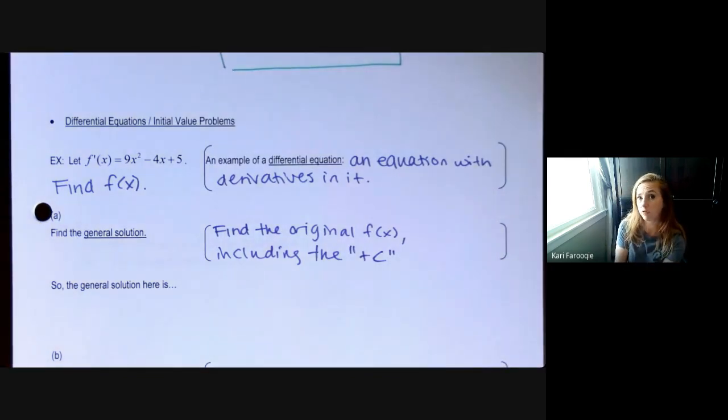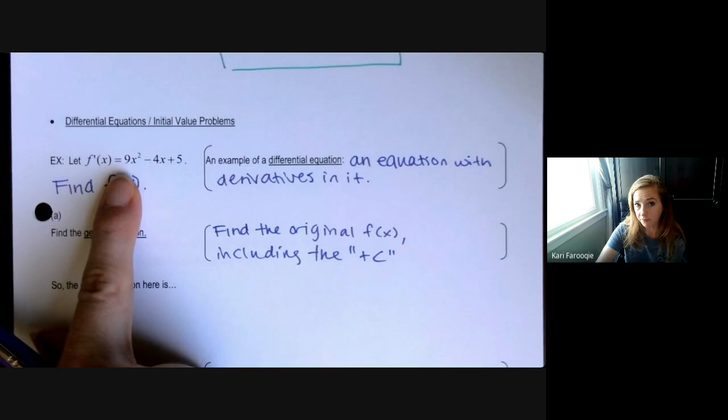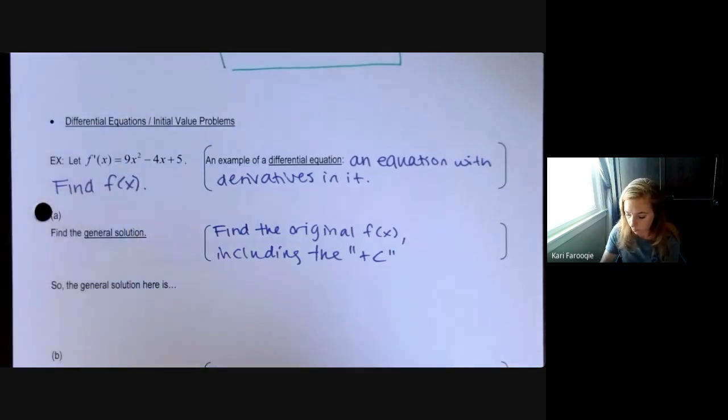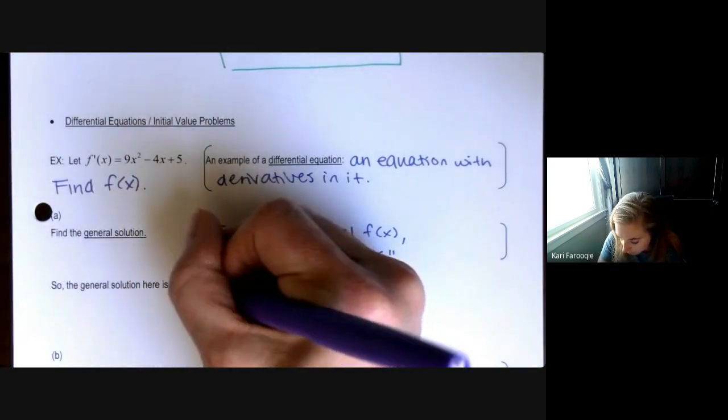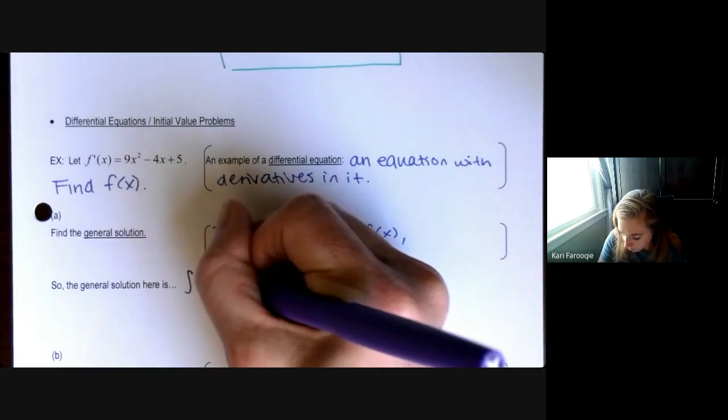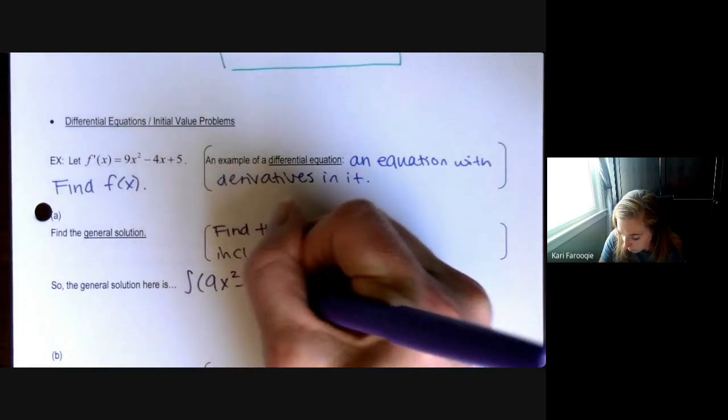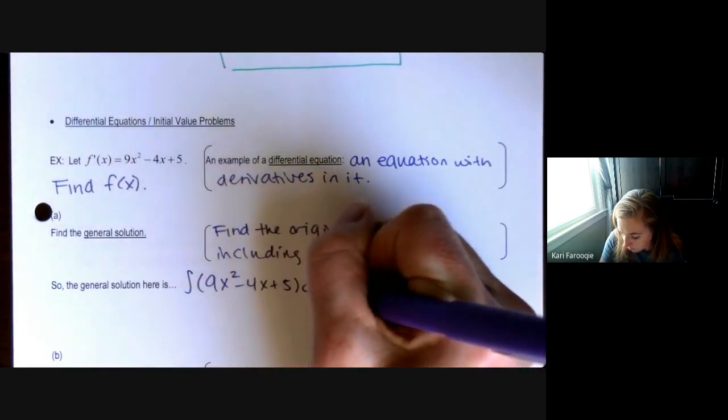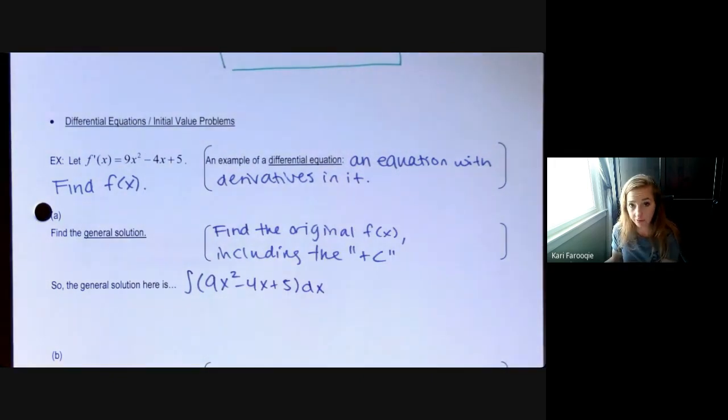We already talked about the fact that you could have any sort of constant being added on to the end of your function. When you take its derivative, it's going to zero out. So the general solution for this particular derivative would be when we took the integral of the function, we're going to integrate 9x squared minus 4x plus 5 dx. We're going to come up first with the general solution.